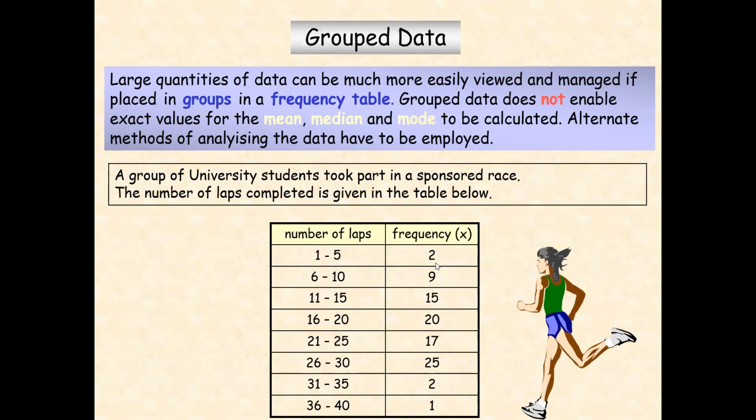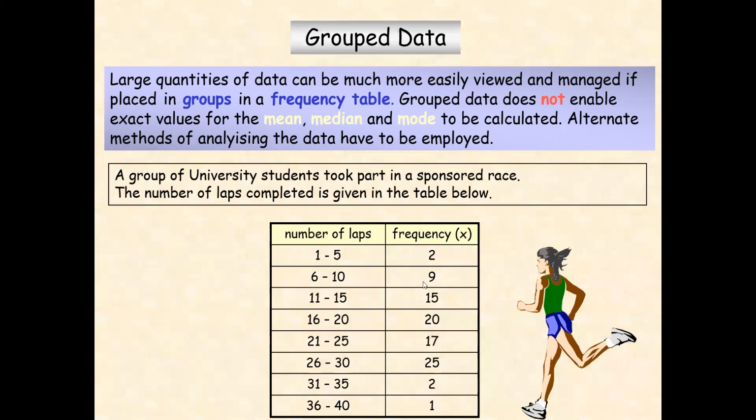Frequency is how many people did laps between 1 and 5. So we are saying 2 people did laps between 1 and 5. 9 people did laps between 6 and 10. So frequency is basically a count of how many in each range. So group data, 1 to 5 is a range, 6 to 10, 11 to 15. So this is our group data.